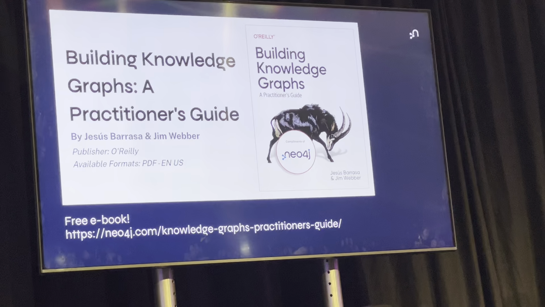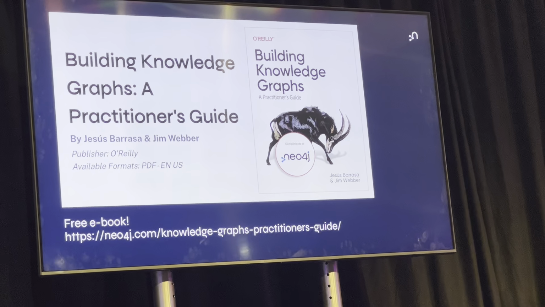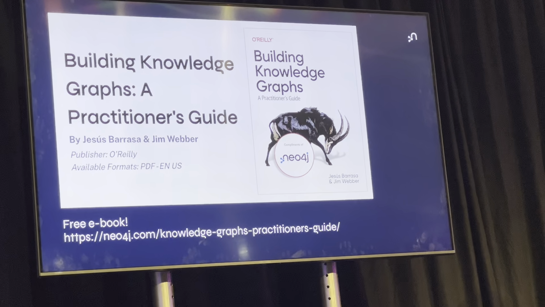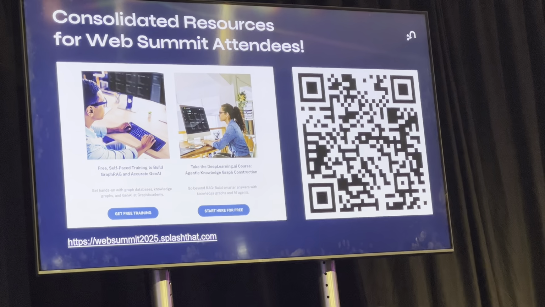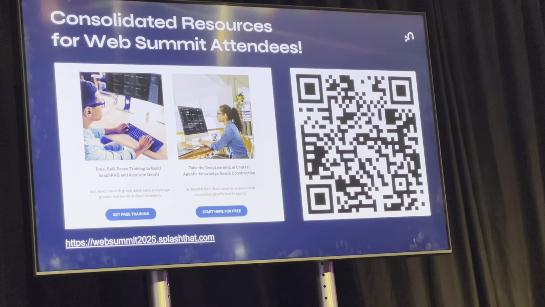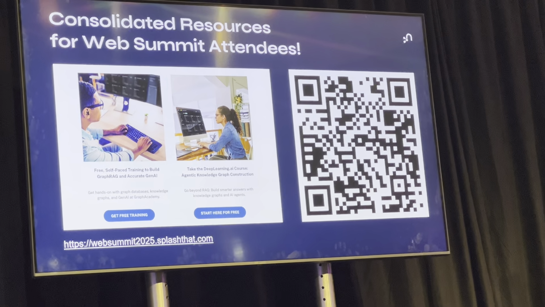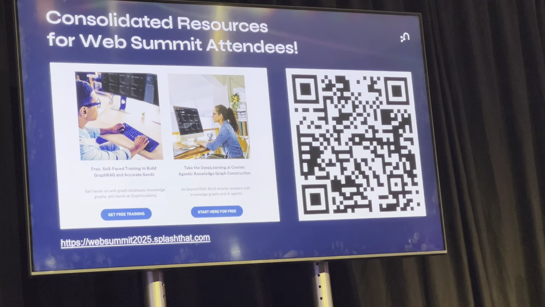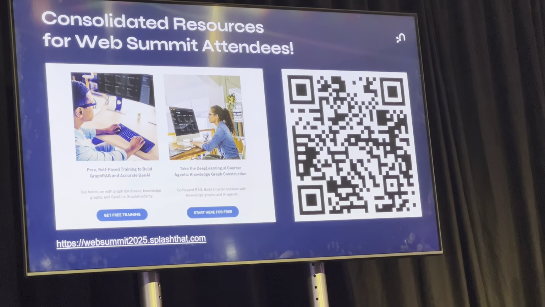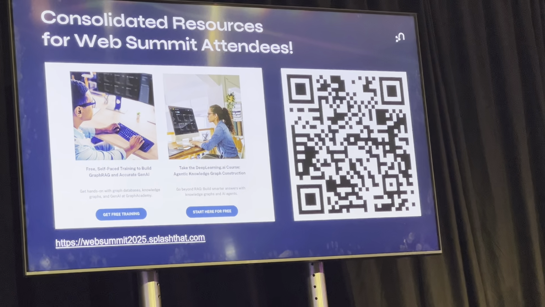And then building, there are a number of books out there, including this O'Reilly book, a few books by Manning. And then if you want to grab that, we put together a bunch of resources, these and more, for Web Summit attendees, so that you can just jump in and follow that. And if you want to talk to someone, you can click through that too, but we tried to consolidate all the learning resources.